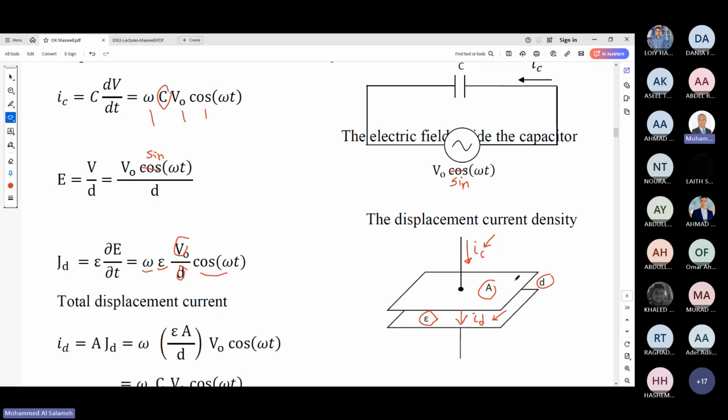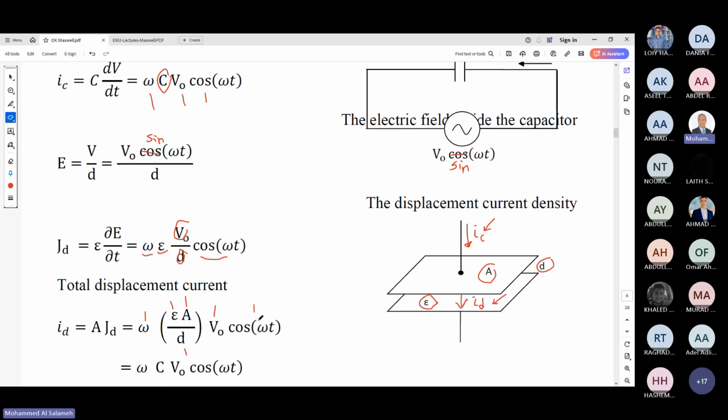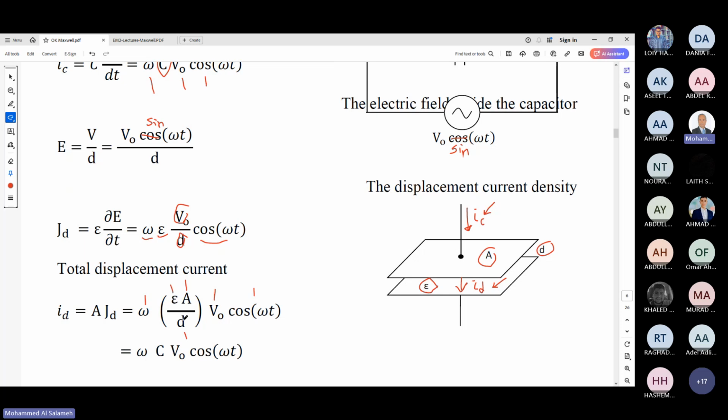The area is A, so omega, epsilon, V naught over D, you multiply only by A, and cosine is here. We know from circuit that epsilon A over D is equal to C. Yes, this is the capacitance. Omega is as it is, and V naught as it is, and cosine as it is. So this is the total displacement current.